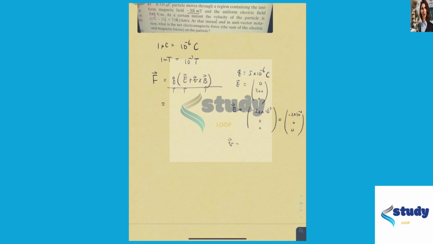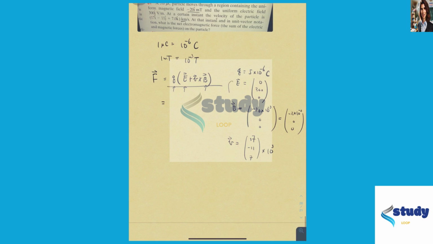Well, we also know the velocity vector, and that is (17, -11, 7) times 10 to the 3, because this is kilometers, not meters. So we are given these three vectors. All we're looking for is the cross product of these two vectors plus this vector, and that is the force.